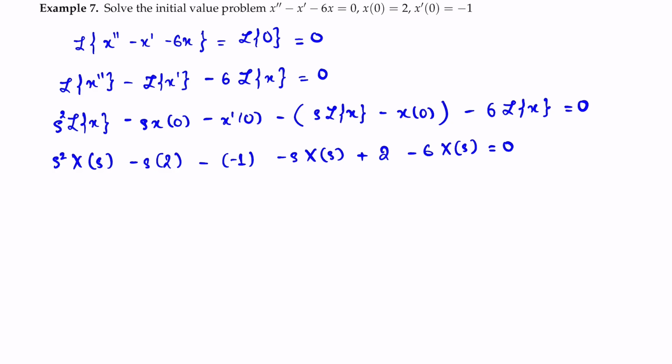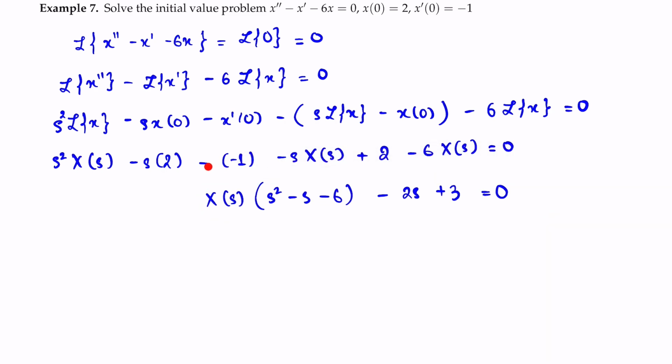Then you want to simplify, combine like terms, and see what you get for capital X of s. So take capital X of s on the left hand side as a common factor. You are left with s squared minus s minus 6, and minus 2s plus 3, equal to 0.